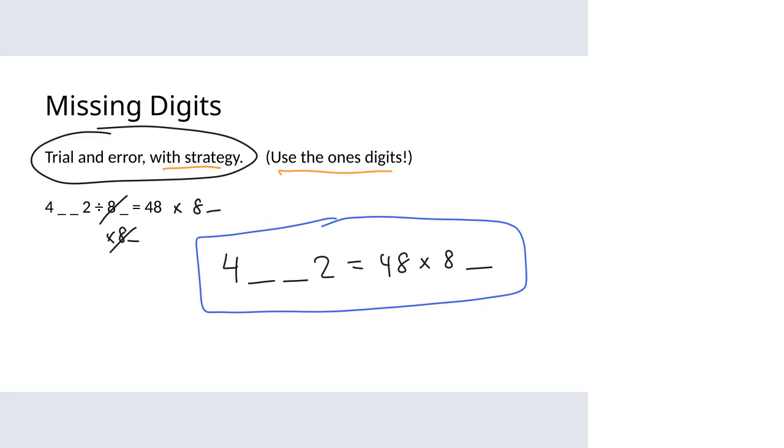And we want to know what goes in those blanks. My suggestion to you is use the ones digits. So here's what I mean by that. If I put a 1 in here, can that work? When I multiply 48 times 81, is it at all possible to get a 2 in the ones digit? Why or why not?